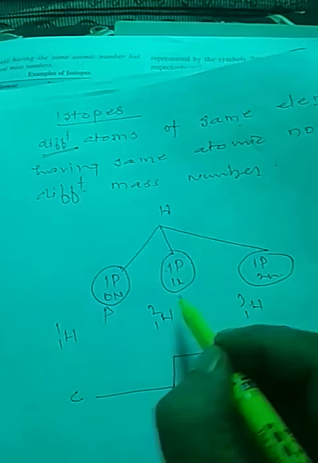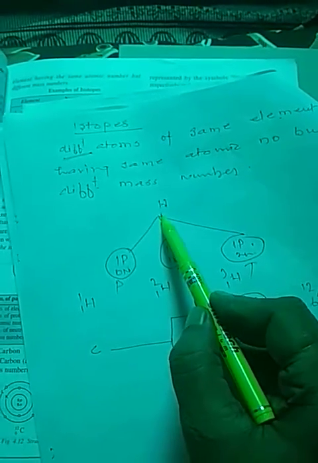Here hydrogen is here. These all are the atoms. This is called protium, this is called deuterium, this is called tritium. So different atoms of same element having same number of protons, means same atomic number, but different mass number.